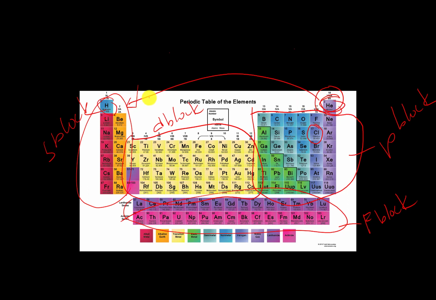Both of these are in the S block. And it just happens that this first row is the 1s row. This would be the 2s, this would be the 3s, 4s, and so on. So in the 1s, we have 2 boxes within that 1s block, so it's 1s2.